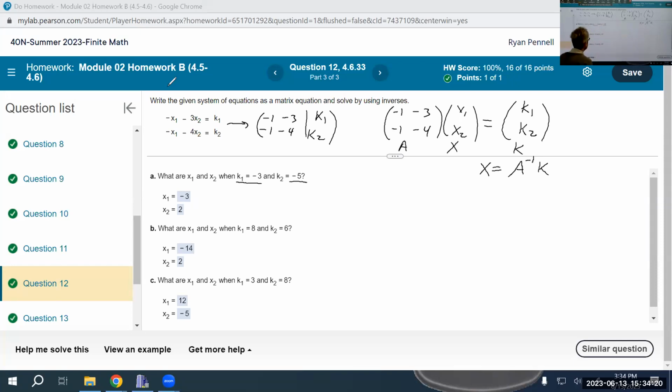This is 2 by 2, as luck would have it. So let's do that. 1 over -1 times -4 minus -3 times -1. That's 4 minus 3, that's just 1.